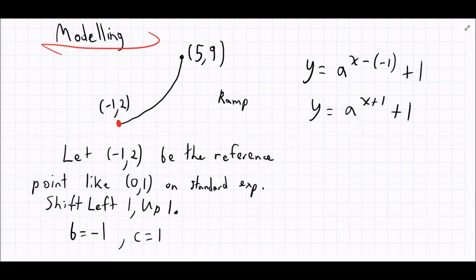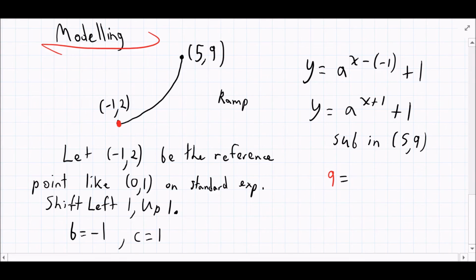Do you remember what we did with the parabola and the cubic? The next thing is, we've now got it going through -1, 2, but we haven't told it to go through 5, 9 yet. So we do that by subbing in the point 5, 9. That'll give us an a value that will make it go through it. So the y value first, 9 equals a to the 5 plus 1, and then plus 1 at the end.